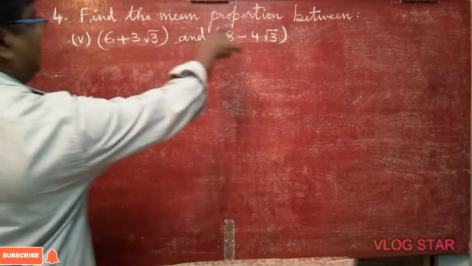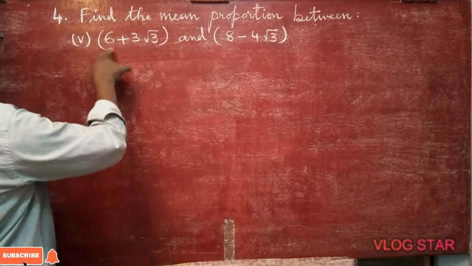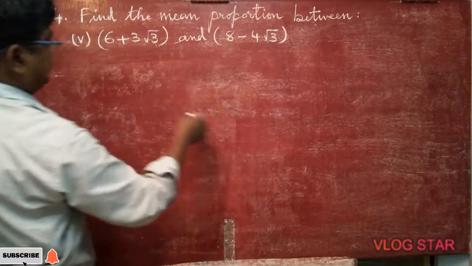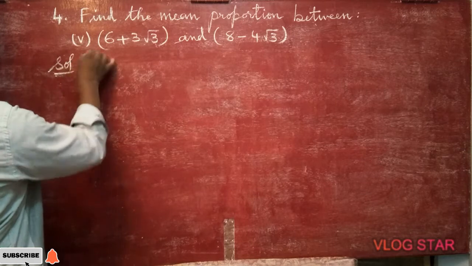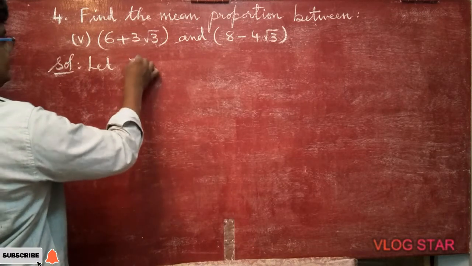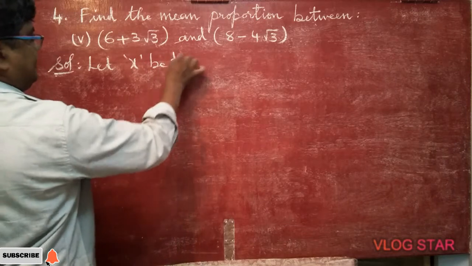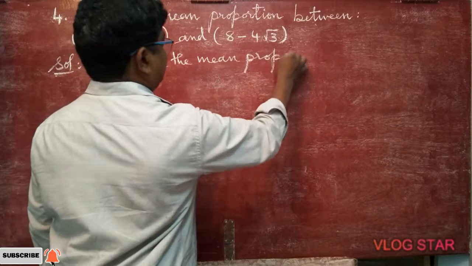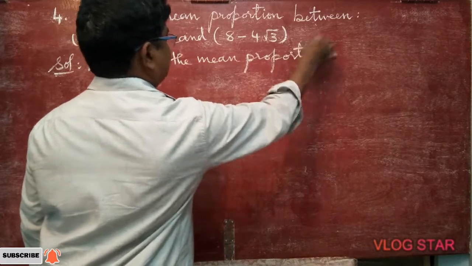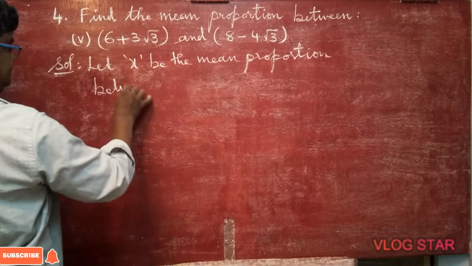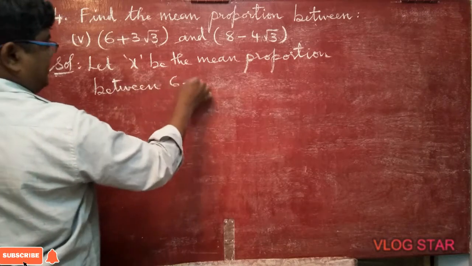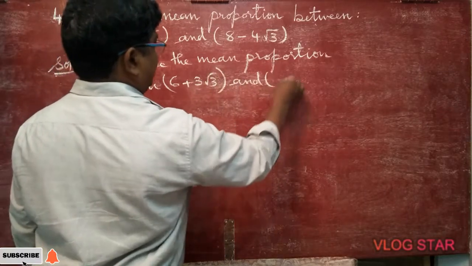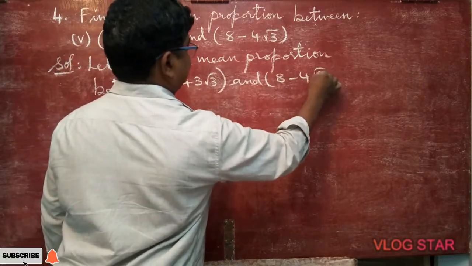Fourth problem, find the mean proportion between, in that fifth bit, 6 plus 3 root 3 and 8 minus 4 root 3. Solution, let x be the mean proportion between 6 plus 3 root 3 and 8 minus 4 root 3.